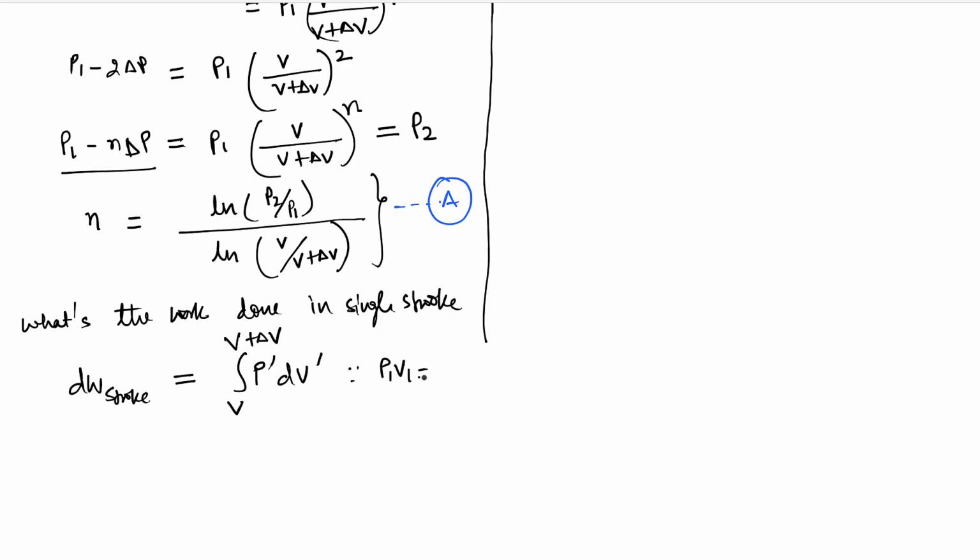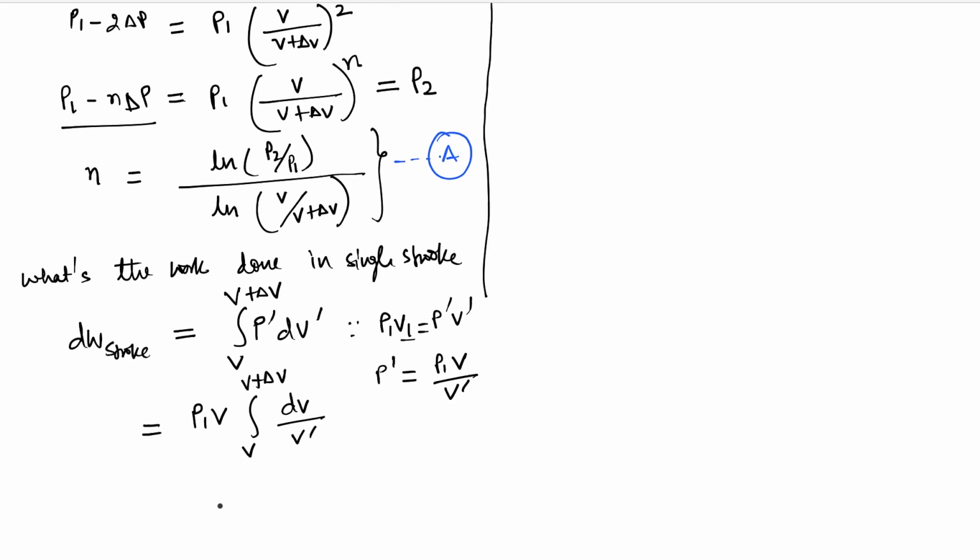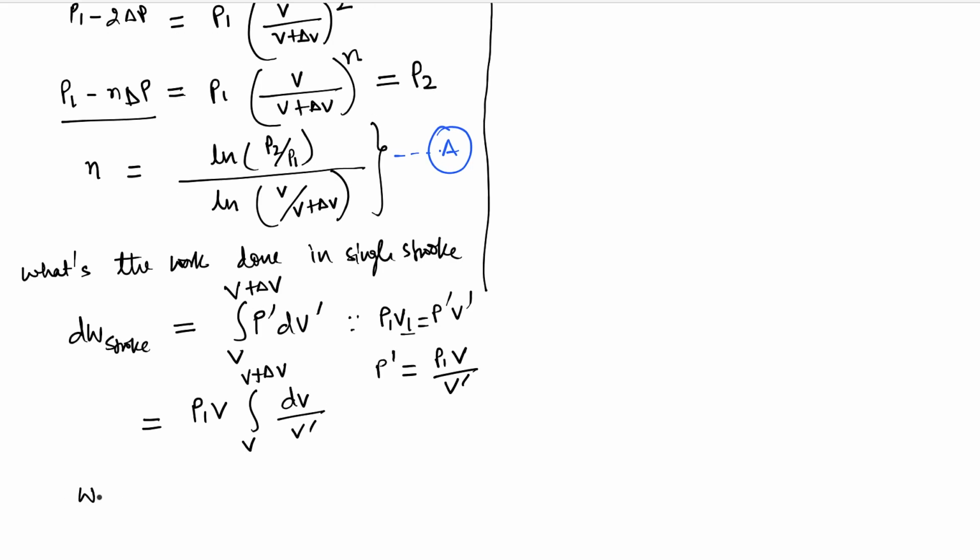Now in our case, we know that P1 V1 is P prime V prime. So P prime is nothing but P1 V by V prime, because V1 is V. So this will become P1 V, both are constant, times the integral of dV prime by V prime, from V to V plus delta V. Therefore, the work for a single stroke is P1 V ln((V + delta V) by V).